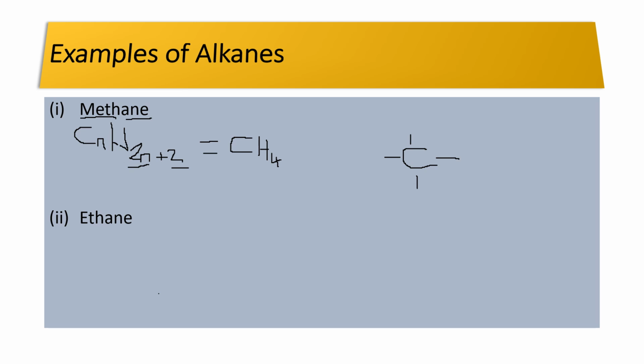Since we have 4 hydrogen atoms here, we put an H here, another H, the third one, and another H down here. So this is the structure for methane. This is how it will look.